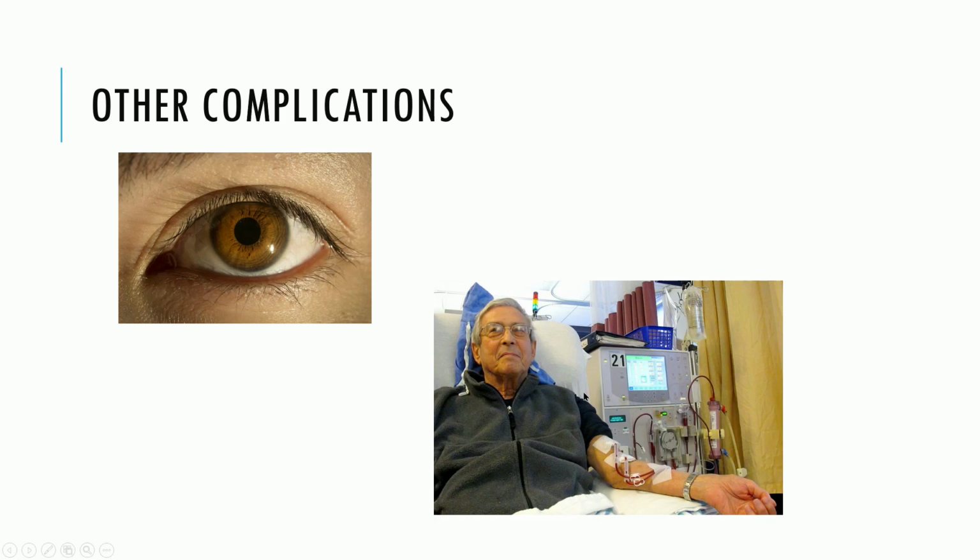So if we detect diabetic neuropathy, we should send that patient, if he or she hasn't gone recently, to the ophthalmologist to check for retinopathy, of course another severe complication of diabetes and another topic we will cover soon on the channel. And of course kidney function, because kidney function is severely altered by high glucose levels.